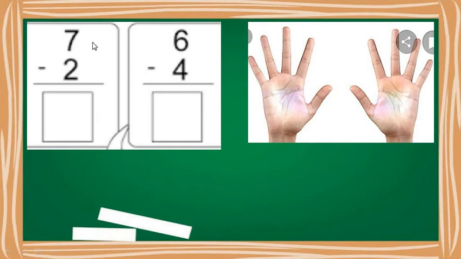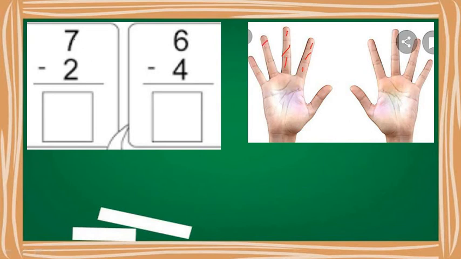The sum is 7 minus 2. So now start counting your fingertips with me. First of all, look at your hands. Have you observed? Now start counting. We have to count 7 fingertips. 1, 2, 3, 4, 5, 6 and 7.